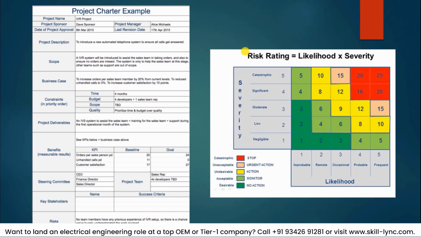So you have to look back into the documents and the process, so that identifying the risk earlier and then tackling it will help you to stay on track. So this is one such example of risk rating, wherein you quantify the likelihood and severity of the risk.